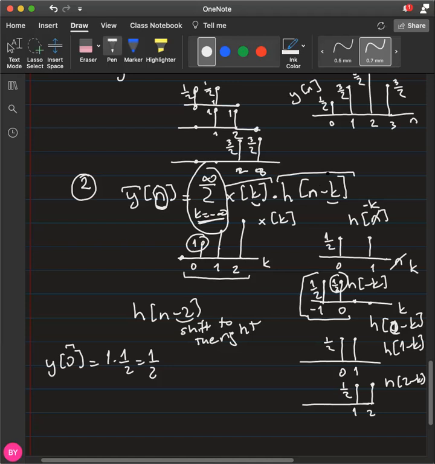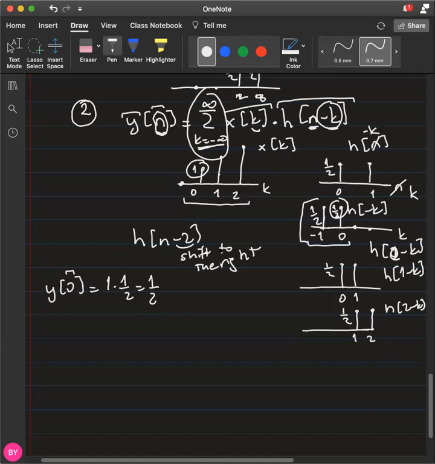Now, first, perform reflection, then shift by n, and then multiply the corresponding values, add those values, and write them to the amount of shifting on y function. Okay, that's the explanation of this convolution formulation.